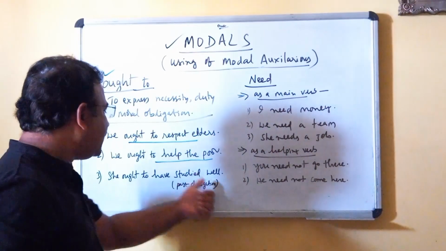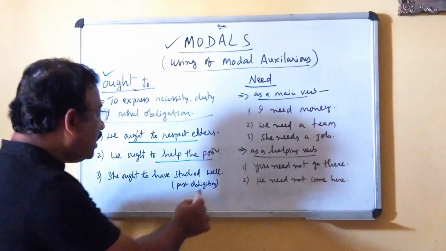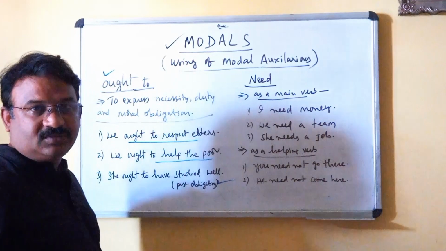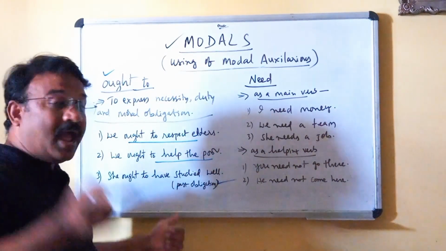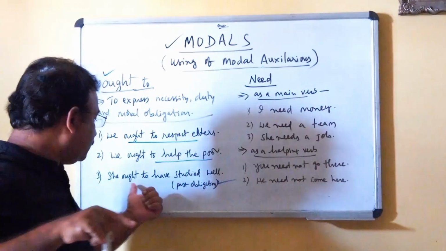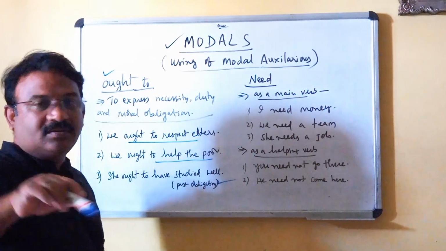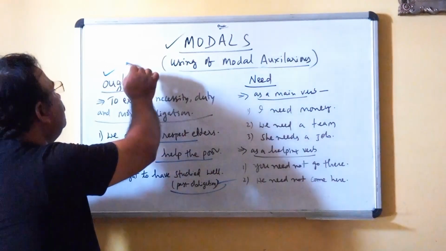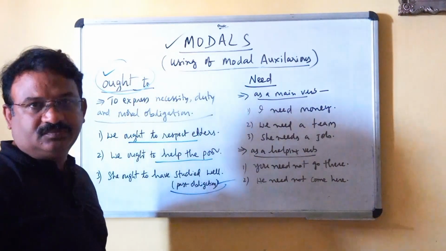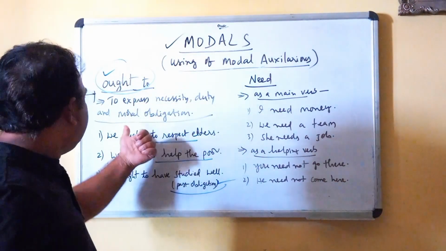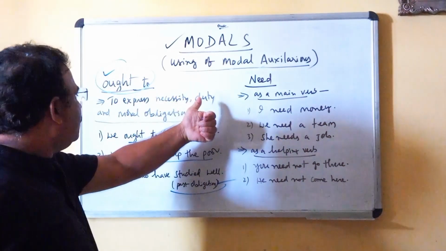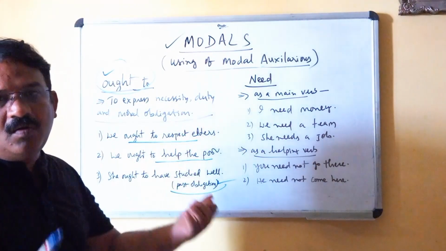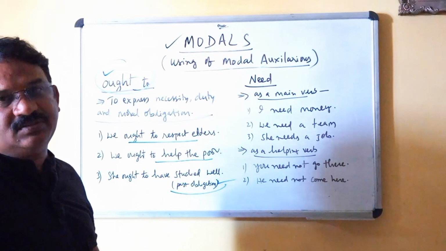She ought to have studied well. This is past obligation. In this case, you have to use ought to, for necessity, duty or moral obligation.